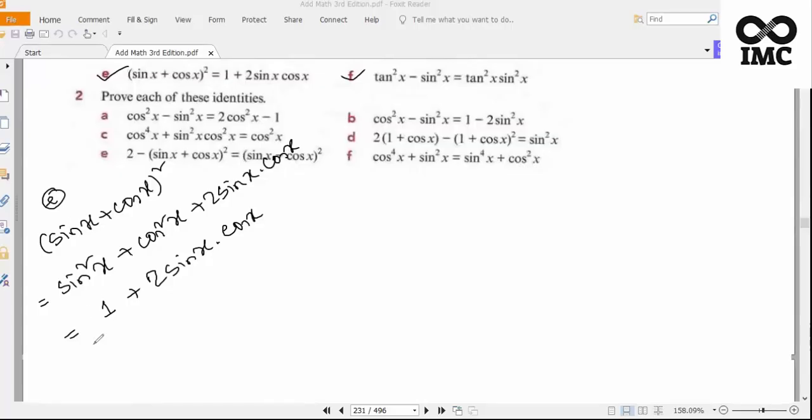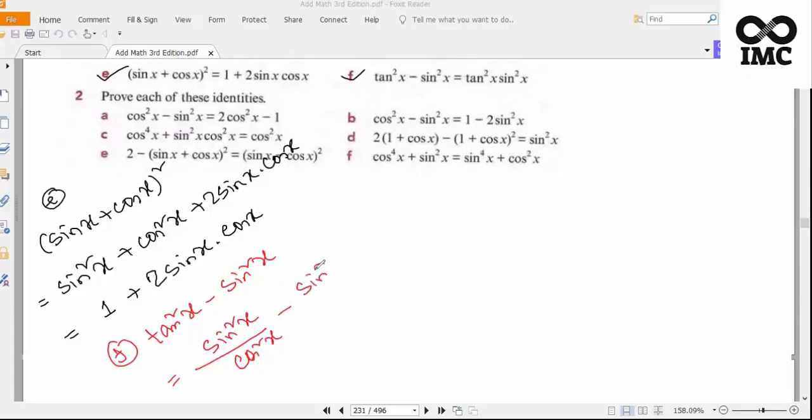Now number f. Number f says tan square x minus sin square x equal to tan square x into sin square x. So here tan square x minus sin square x. We know that tan represents sin by cos. So instead of tan square x, we can write sin square x by cos square x minus sin square x.